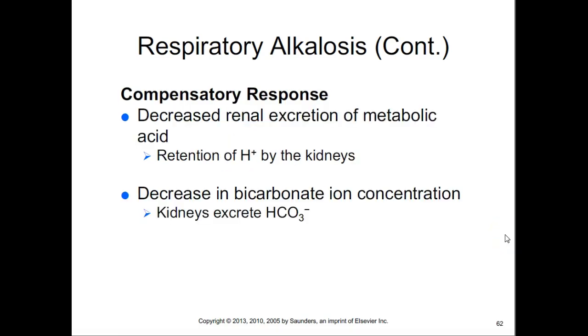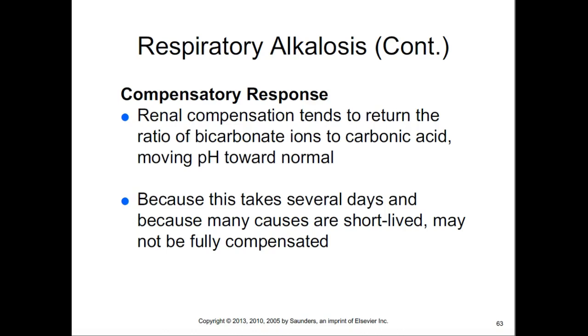So you have decreased renal excretion of metabolic acids, so you retain a lot of your hydrogen ions in the kidneys. Again, remember, this takes time. And the kidneys excrete bicarbonate, so that if we retain hydrogen ions, we need to excrete excess bicarbonate.